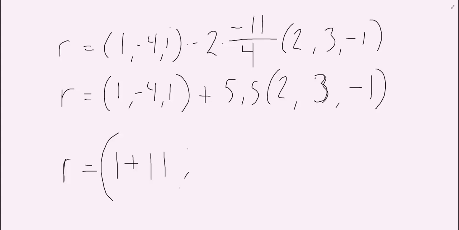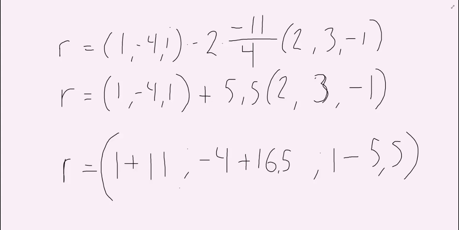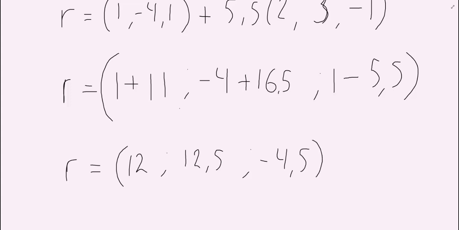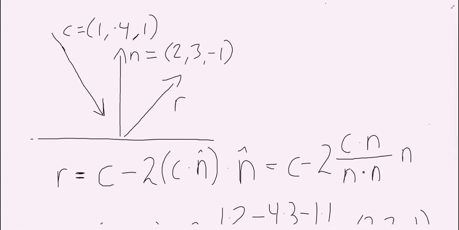And the y coordinates will be minus 4 plus 3 times 5.5 is 16.5, and the z coordinates will be 1 minus 5.5, yielding the reflected direction equals 12, 12.5 and minus 4.5. So that's our answer.